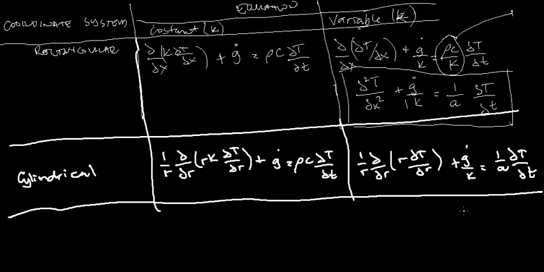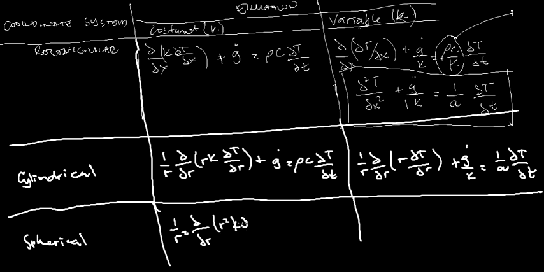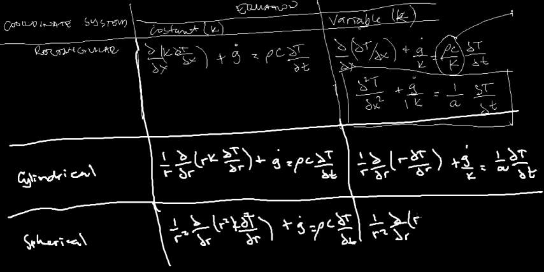And for the spherical coordinate system, this expression will now become 1 over r squared, the partial derivative of r squared k dT/dr, plus the heat generation is equal to rho c dT/dt. And if we have a variable k, then we have 1 over r squared, the partial derivative of this expression with respect to r, plus the heat generation over k is equal to 1 over alpha dT/dt.